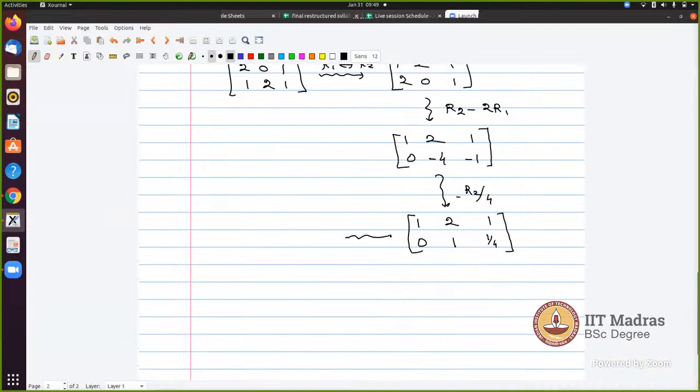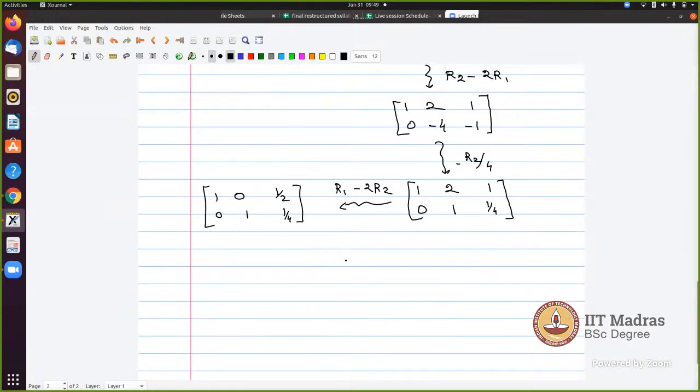Another step: R1 minus 2R2. So 1, 0, 1 minus half is half, and 0, 1, 1 by 4. Right? This is the reduced row echelon form, right?